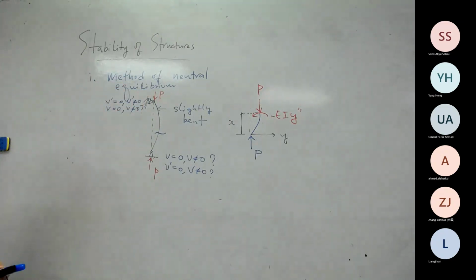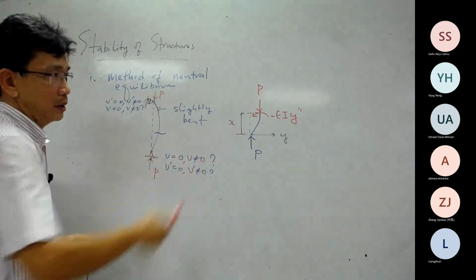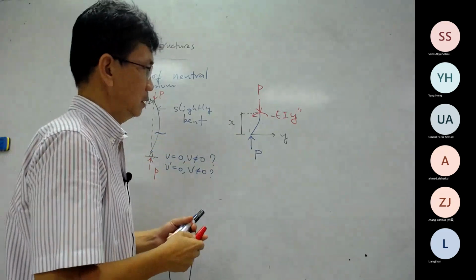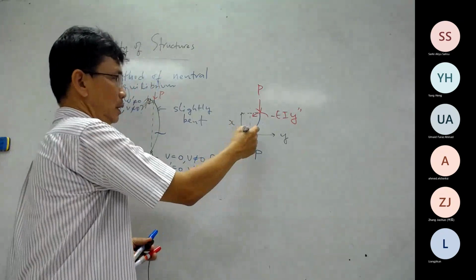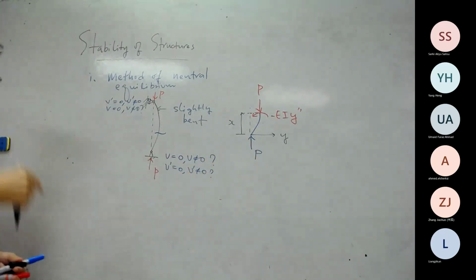Okay. So it is important to draw this correctly so that you are able to form the equations next. The next equation that we need to form is to take moment at this point equal to 0.